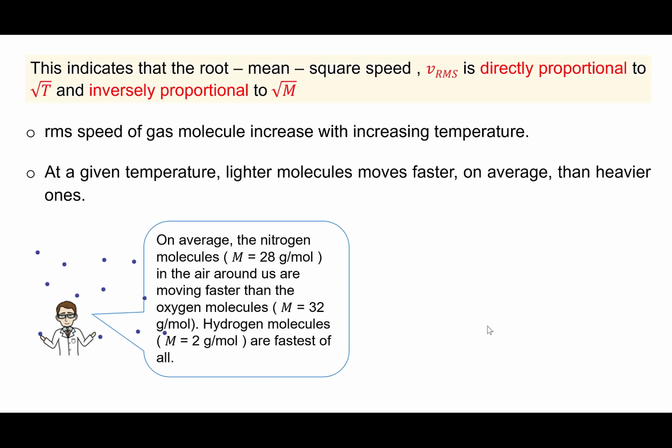On average, the nitrogen molecules with molar mass 28 gram per mole in the air around us are moving faster than the oxygen molecules with molar mass 32 gram per mole. Hydrogen molecules with molar mass equal to 2 gram per mole are fastest of all.